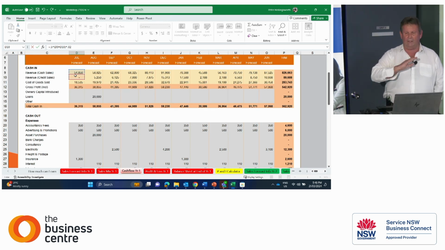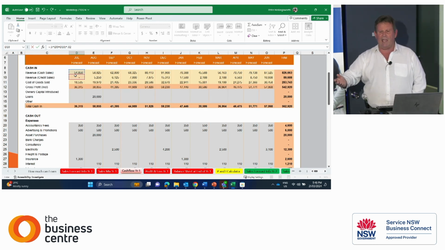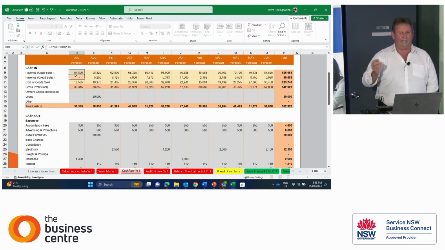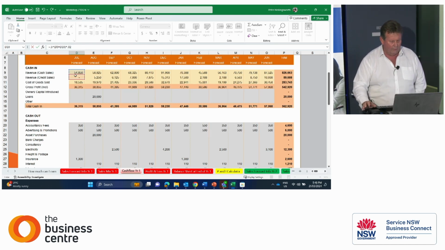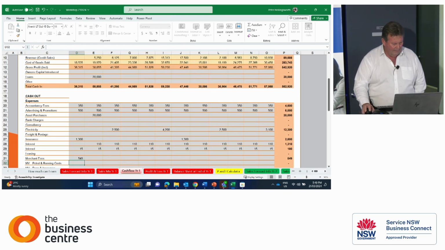So of all the money that comes in, we'll get some in cash, some of it will be by direct debit, but the majority will be on credit card, or at least half of it. So of that half, we're going to get charged 2%. That's $500 odd a month. And that was a relatively slow month.